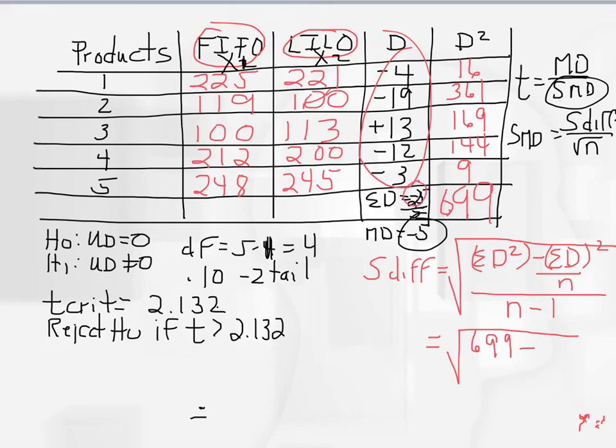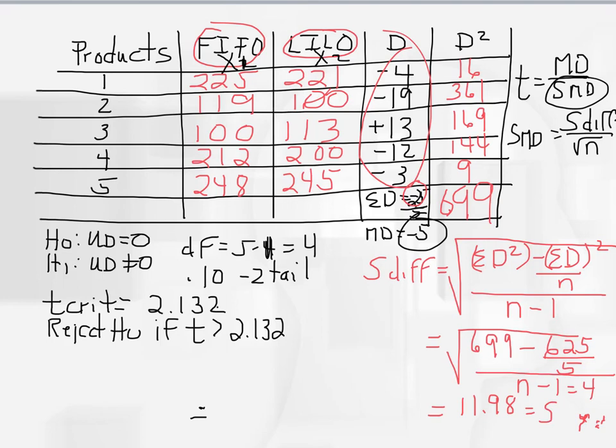If we square that, we get 625 divided by 5, and all that gets divided by n minus 1, which is 4. If you do that, you will get a standard deviation of the difference scores equal to 11.98. So this equals the standard deviation of the difference scores.